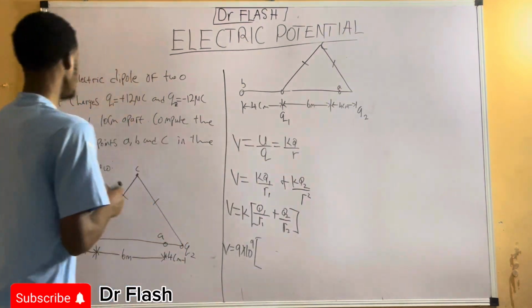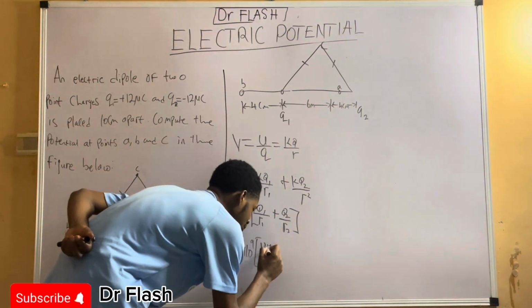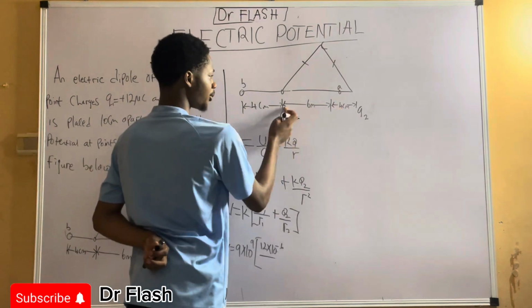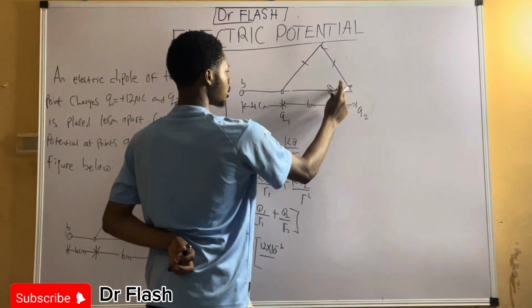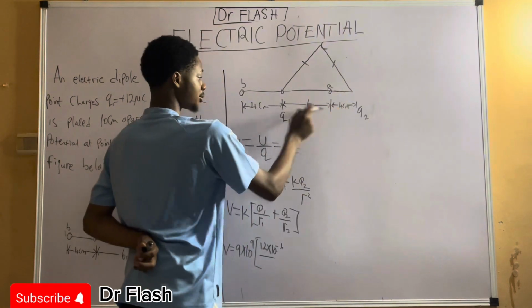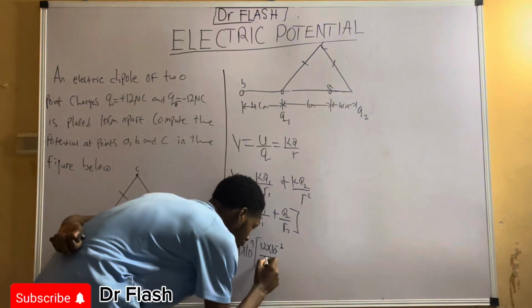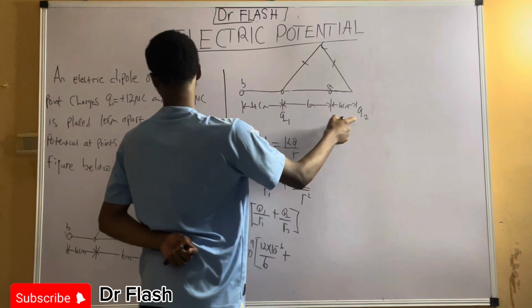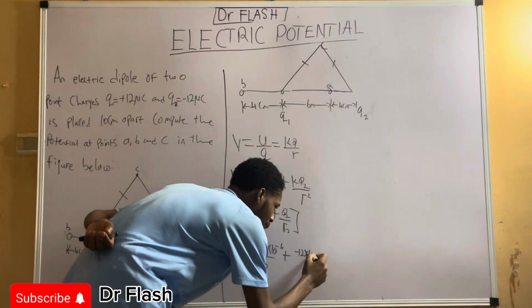Q1 has a value of 12 microcoulombs, so we're going to have 12 times 10 to the power of minus 6. What is the distance from Q1 to point A? From Q1 to point A, we have 6 centimeters. So I divide by 6, plus Q2, which has a value of minus 12 microcoulombs, so I have minus 12 times 10 to the power of minus 6.